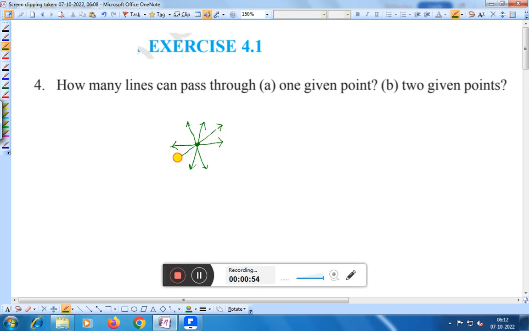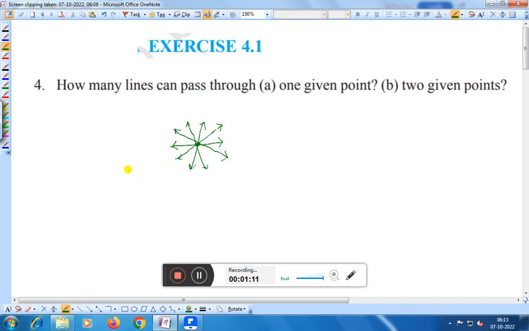Right? This is another line passing through that point. Now, in this way, you can draw as many lines as you can. Right? Therefore, you say that an infinite number or countless number of lines can be drawn through one given point.